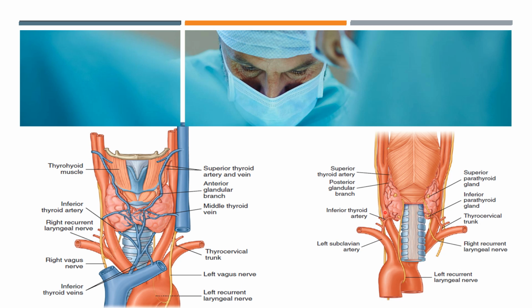If it is unilateral, it will lead to hoarseness of voice, and if it is bilateral, it will lead to complete paralysis of the muscles of the larynx, and it will lead to difficulty and inability to breathe because the air cannot cross the larynx and the vocal cords. Okay, so this is a clinical application related to the thyroid gland.